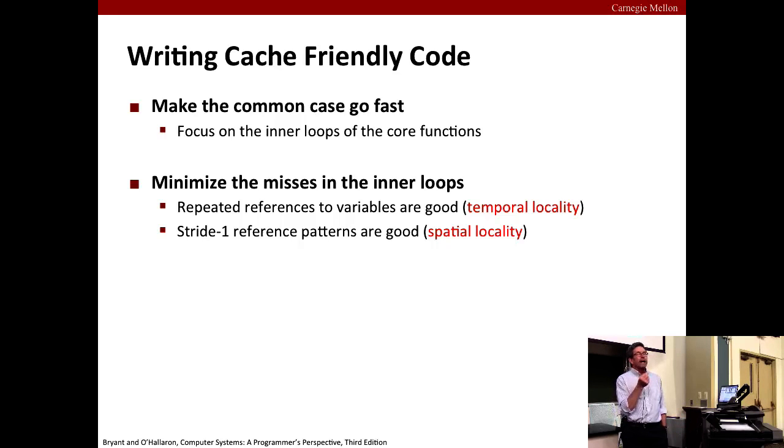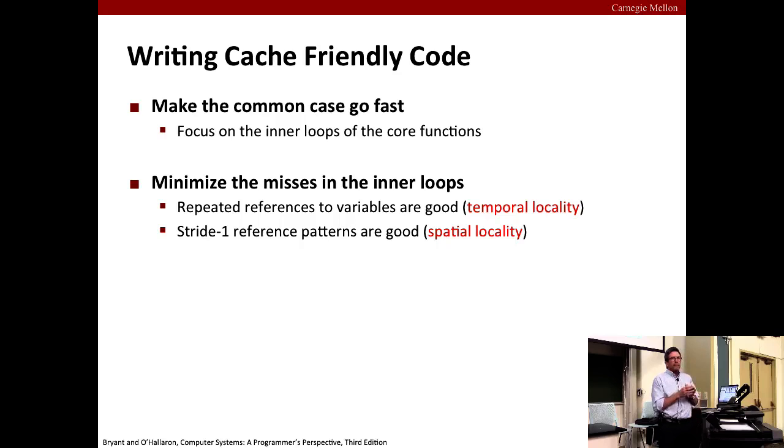Also, stride 1 accesses to arrays are good, and they're good because of the existence of these blocks. The only way you'd know that stride 1 references are good is if you knew that caches have these 64-byte blocks. A stride 1 reference will have half the miss rate of a stride 2 reference.